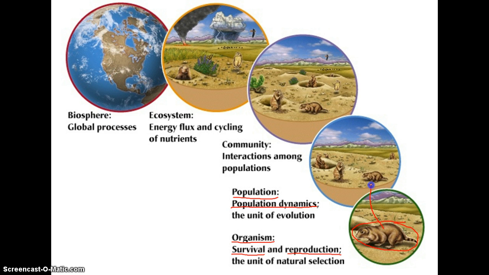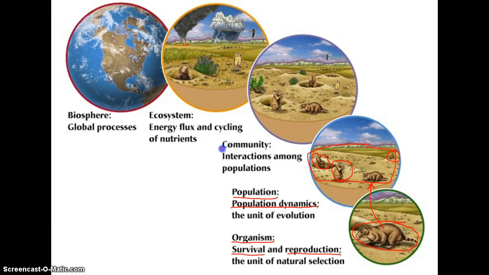So here we have our one individual living organism, okay? But we have it surrounded by other organisms from its same species, all living in this pretty tight geographic space together. Okay, so a population is simply individual living organisms all belonging to the same species and all occupying a fairly close geographic area, all living very close together.